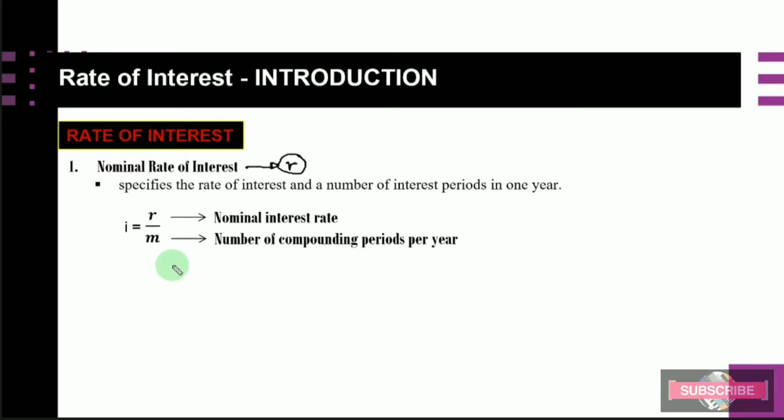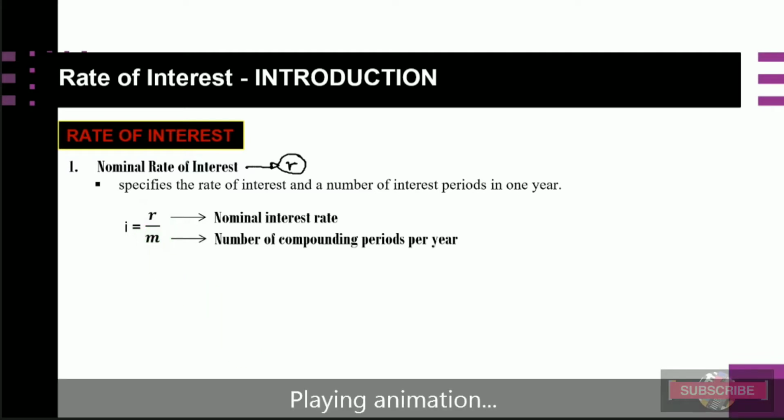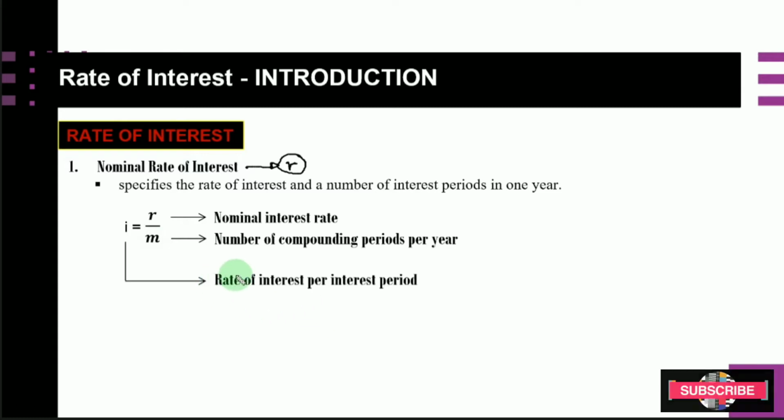Okay, so to get your I, you have to divide your nominal rate of interest R by your number of compoundings M. So the I is our rate of interest per interest period.